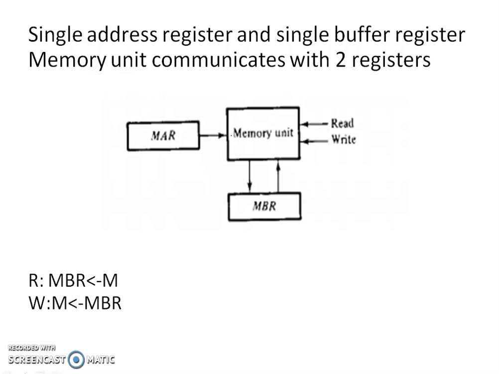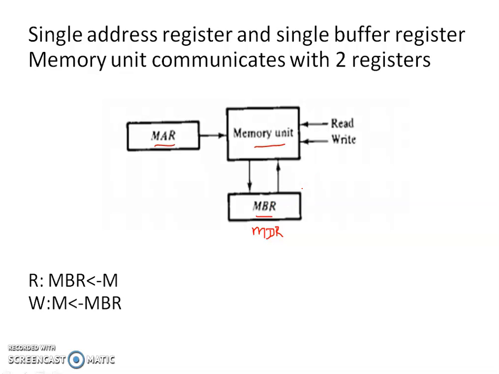Okay. Now this is what we have learned, and this is known to you. You will be having a memory unit. MAR is there. MBR is there. In the previous module we learned it as MDR, memory data register. It is the same as MBR, memory buffer register. Why is it different?